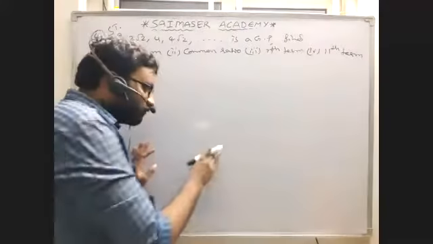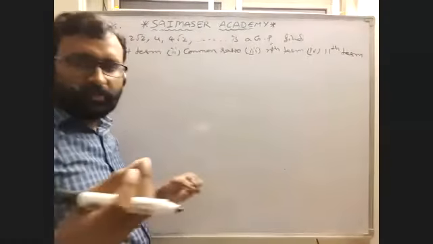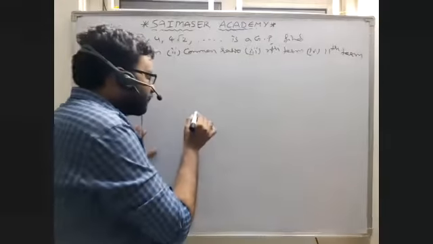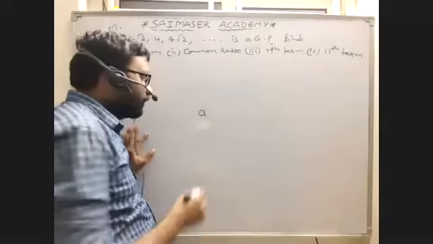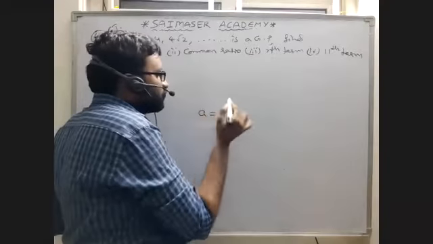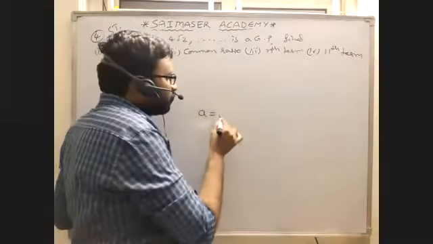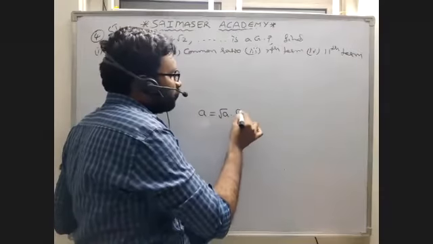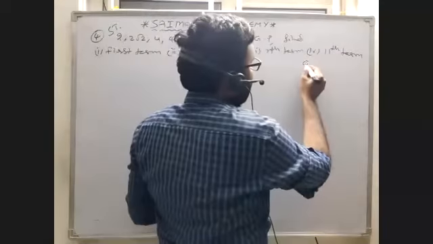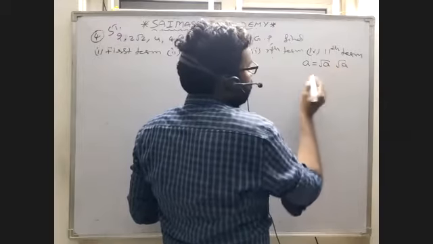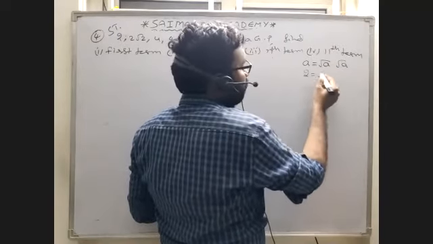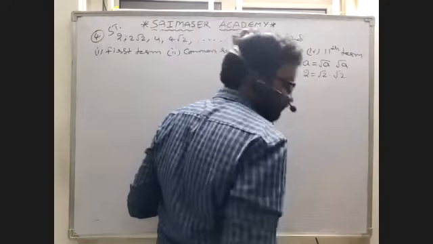Before that, I want to tell you one or two formulas. A we can write as root A into root A. Means if you have 2, you can write root 2 into root 2. Example this is.